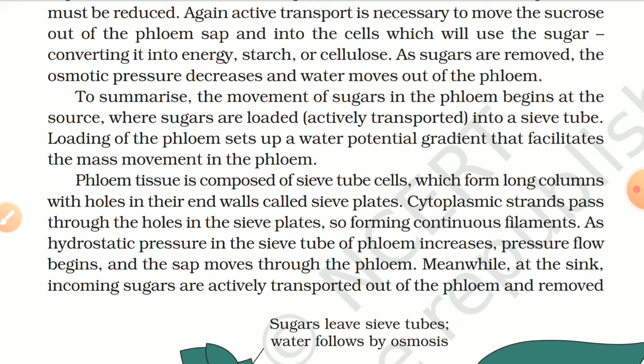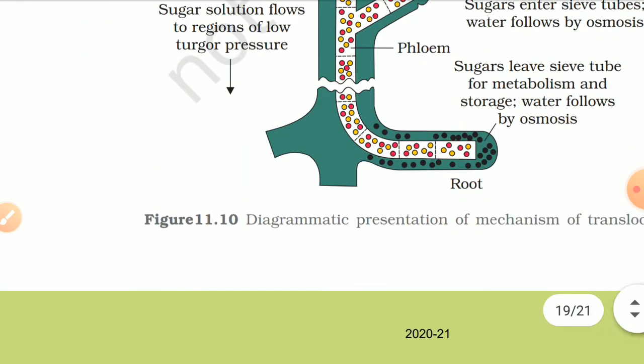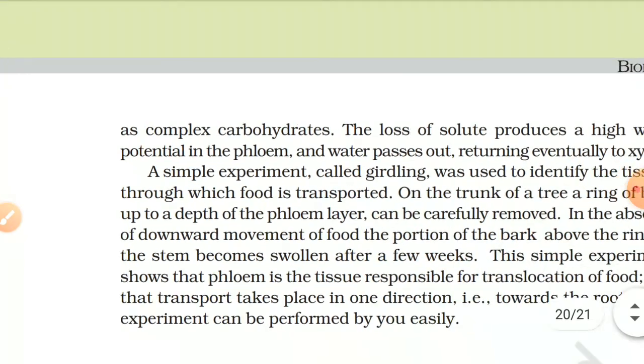Cytoplasmic strands pass through the holes in the sieve plates, forming continuous filaments. As hydrostatic pressure in a sieve tube of phloem increases, pressure flow begins, and the sap moves through the phloem. Meanwhile, at the sink, incoming sugars are actively transported out of the phloem and removed as complex carbohydrates.